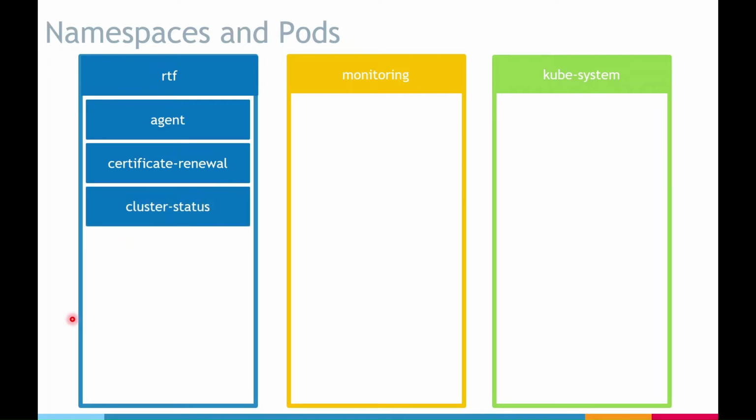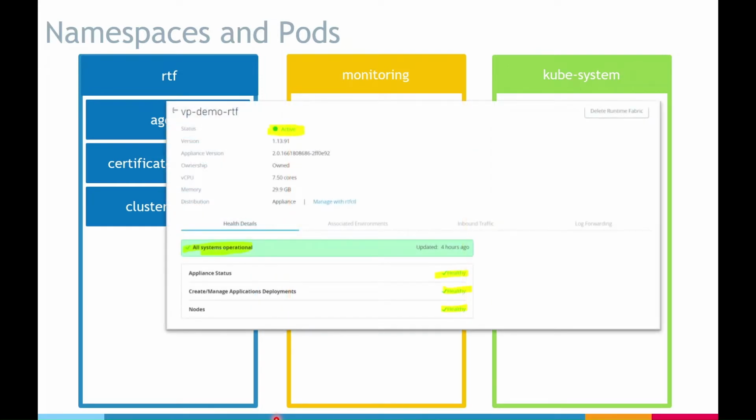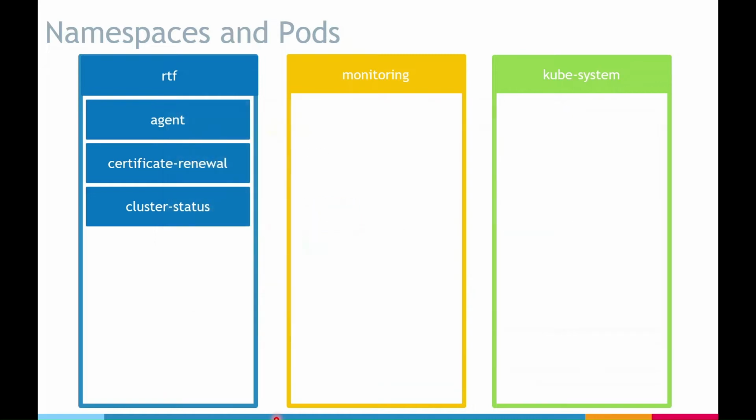Third, cluster status. The RTF status that you observe on the platform is possible because of this pod. Its job is to monitor the overall health of this cluster and send data to the control plane via the agent.